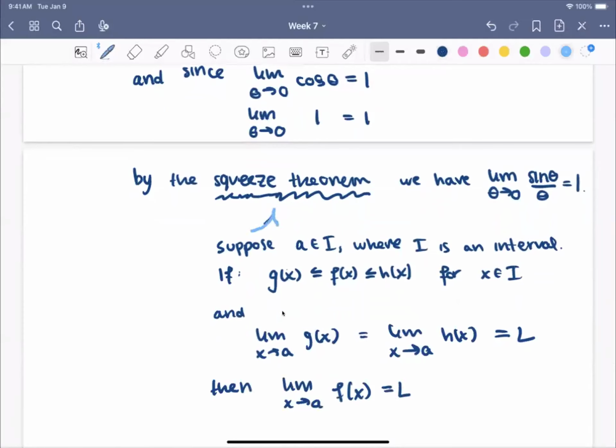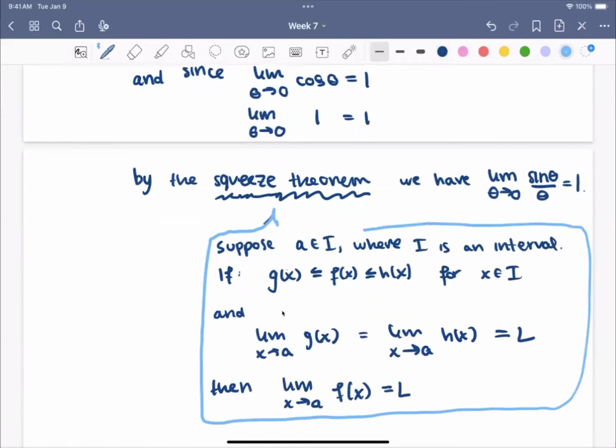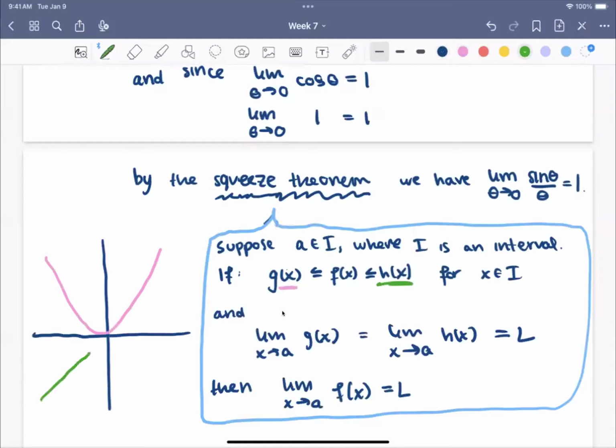So let me draw a picture of how this is looking. Let's say g is some pink function. Let's say it looks like that. And let's say h is some green function. Let's make it something like that.